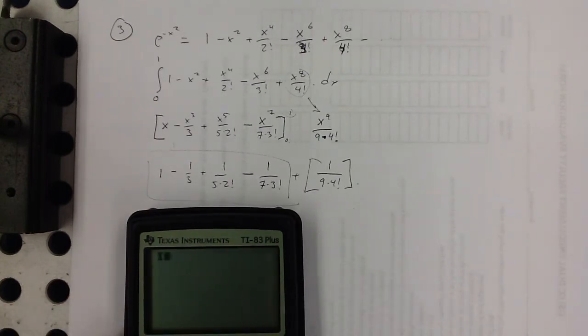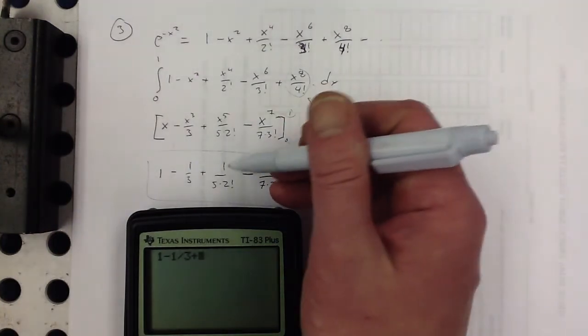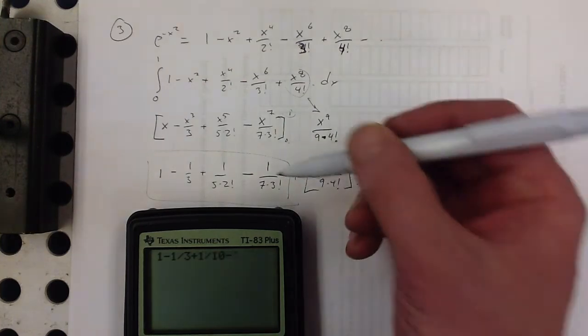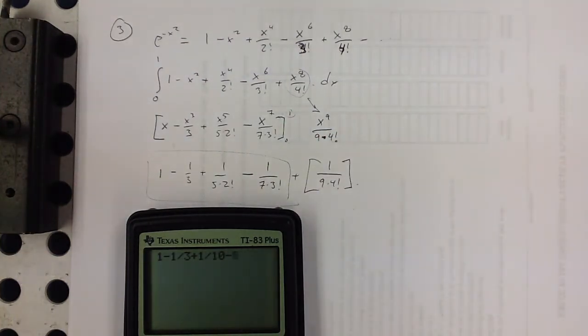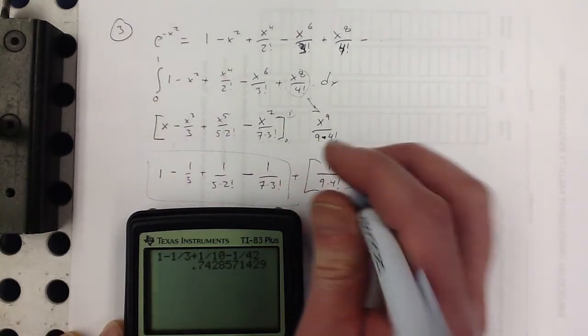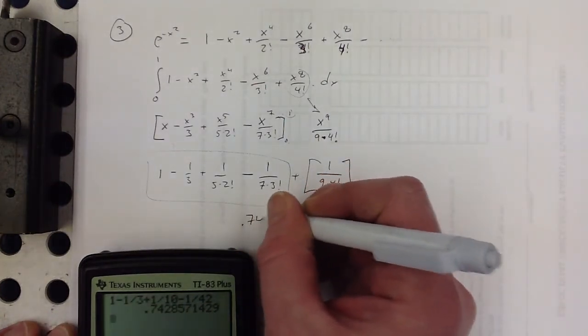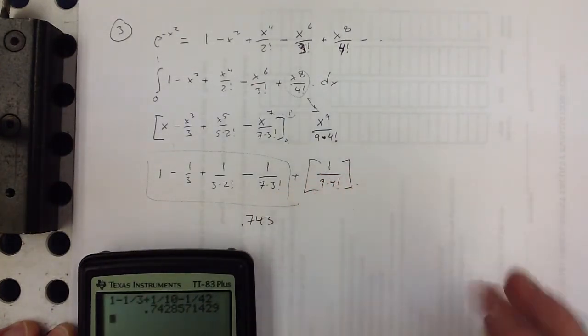So 1 minus 1/3 plus, that's 1/10, right? The 2 is just 2 factorial is just 2, so 1/10 minus 7 times 6, that'd be 1/42. That gives me 0.743, rounded to 3 College Board decimal places.